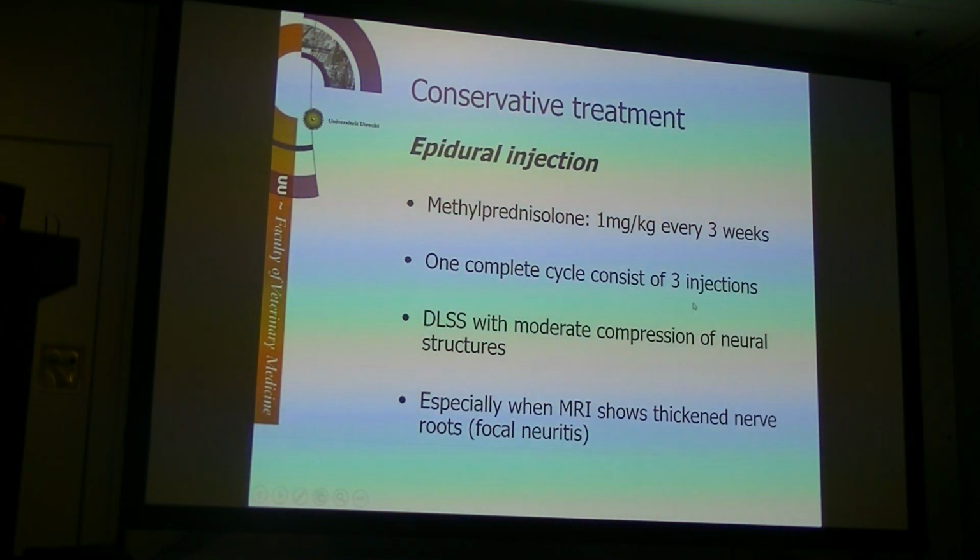I have not had a dog yet that needs more than 3 injections, or that I would advise to use more than 3 injections. Either they use 1 and it works nicely, and then I may repeat it a second time or a third time, or 1 injection doesn't work and then I stop. If it does work a little bit, I may give a second or a third injection.